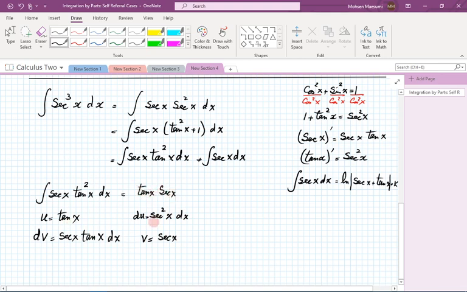So that's my uv minus the integral of v du. v du is going to be secant of x and secant squared of x dx. Simplifying, this becomes tan x secant x minus the integral of secant cubed.